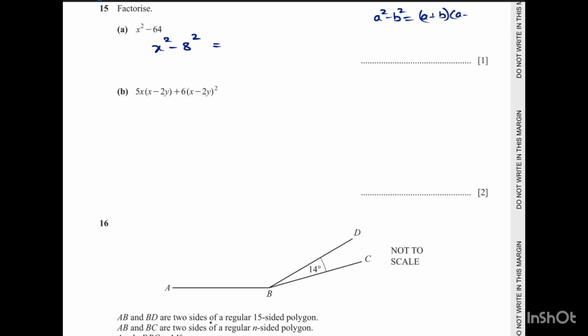So x square minus 8 square will be x plus 8 into x minus 8. This is the answer.